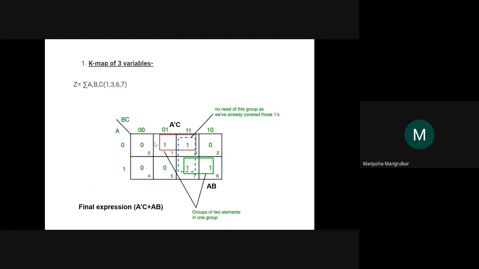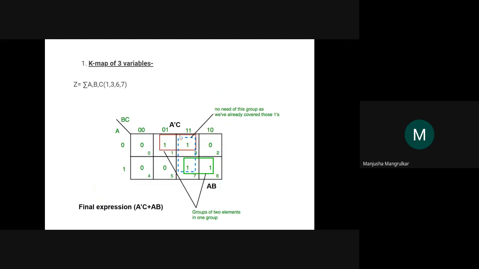Suppose you do this group, and you do this group. No need to do this other group because these are already engaged over here. So you do this group, that is a complement c, and you do this group, that is ab. So the answer of this expression is a complement c plus ab. There is no alternate solution for further simplification.